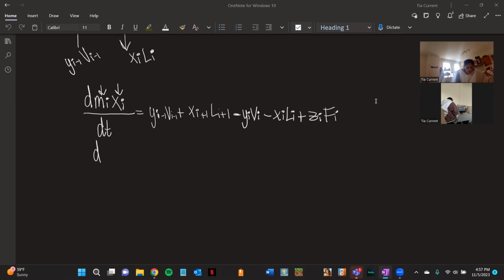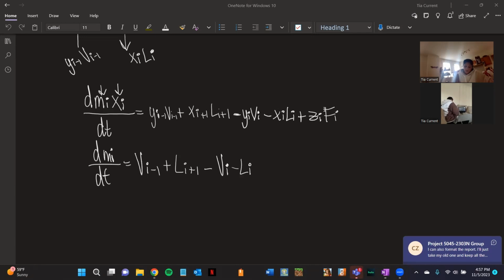So we're going to do dmi over dt, is equal to, and we're just going to have our vi minus 1 plus our li plus 1, which is our vapor flow going up into the tray, our liquid flow coming down into the tray, and then minus the vapor flow coming out of the tray, minus the liquid flow coming out of the tray, plus the feed going into the tray.